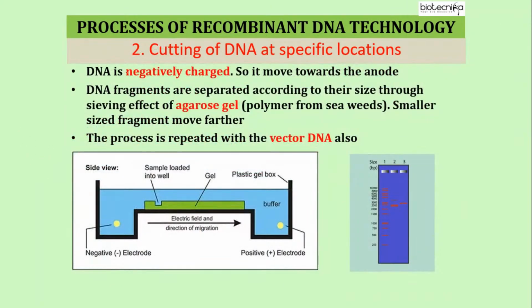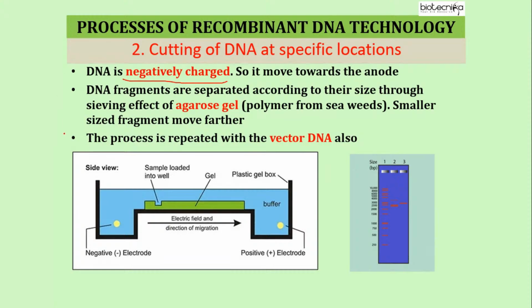So we all know that DNA is negatively charged. DNA is made up of nucleotides, with nitrogenous bases, that is A, T, G, C, as well as pentose sugar, in the form of deoxyribose sugar, and along with it we also have the phosphate backbone.